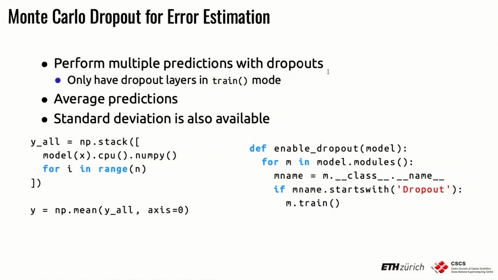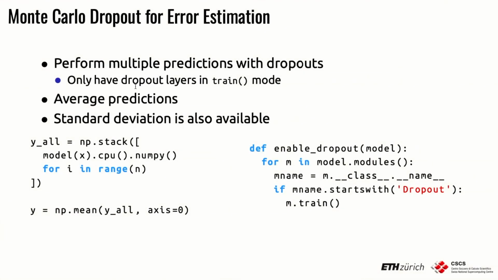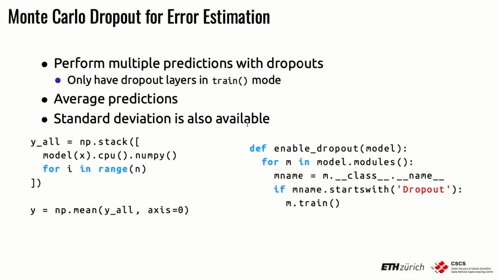Because when you enable dropout, every time you have a slightly different model, and then you can average the predictions of these slightly different models and also compute the standard deviation. And this gives you some information on how robust your model is on a prediction.